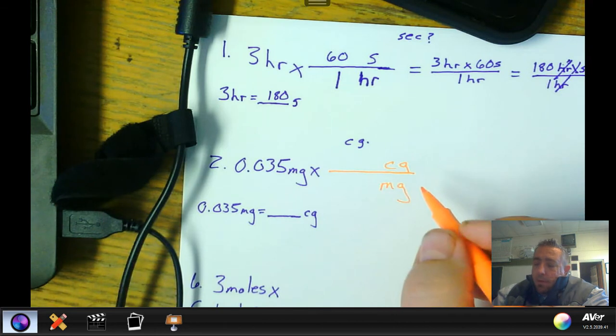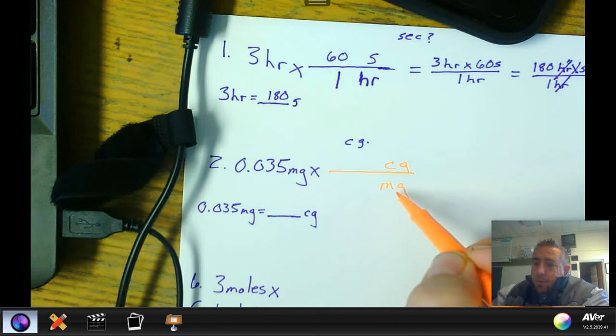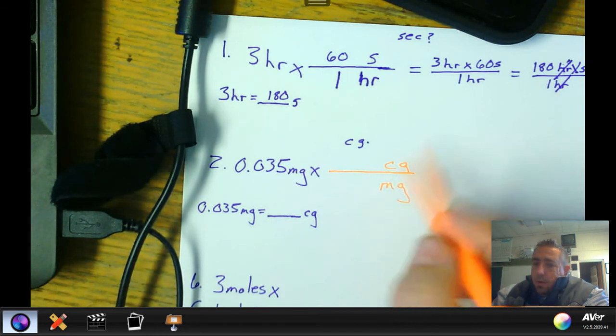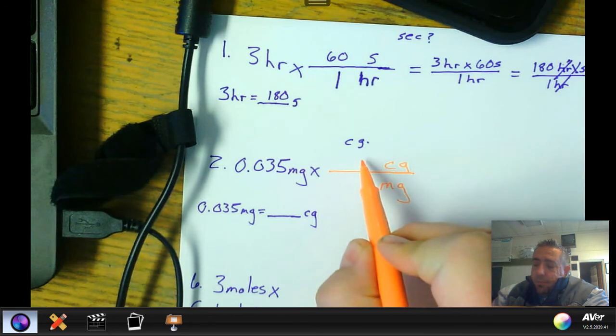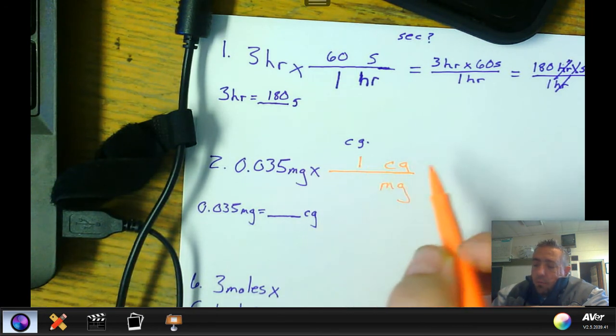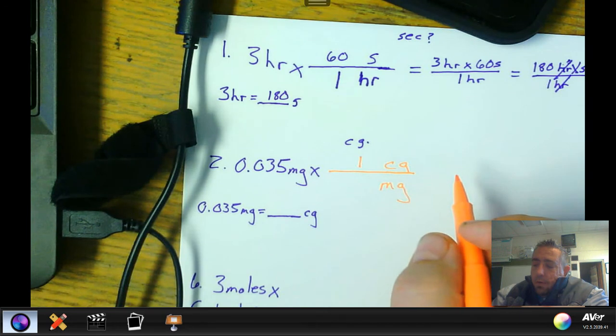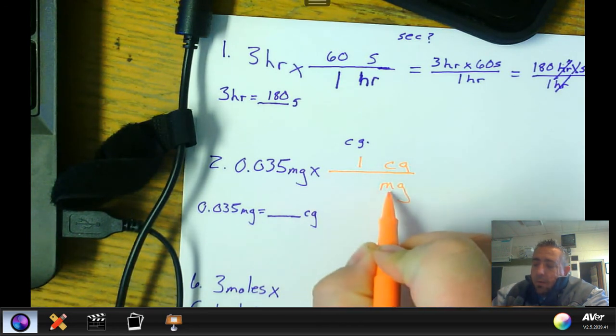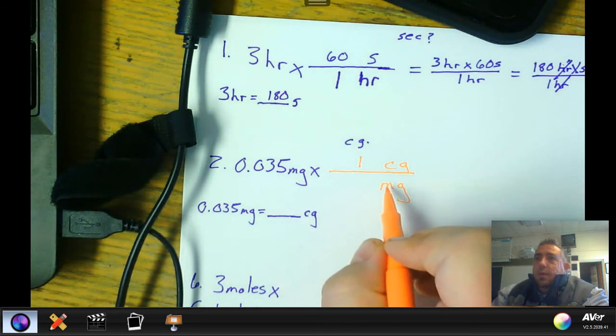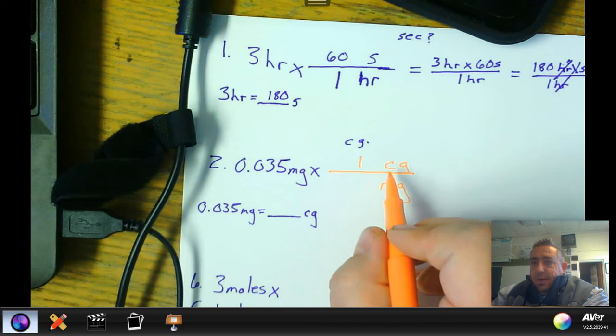Which one of those two is larger? It's the centigram. And how many milli go into centi?